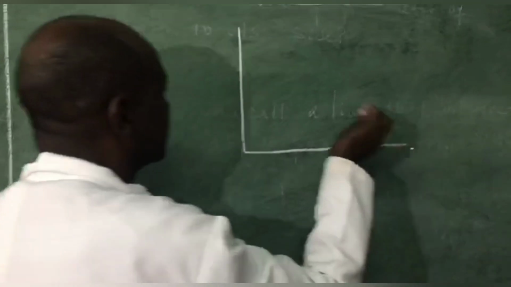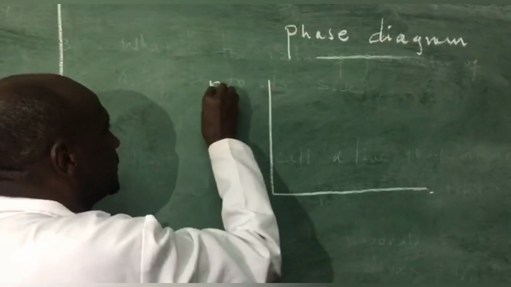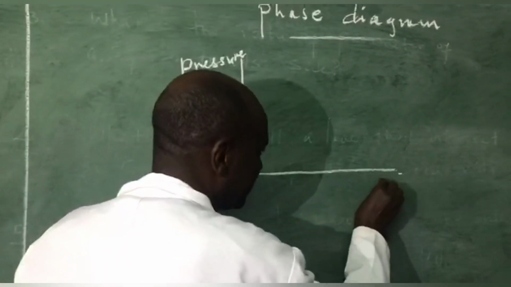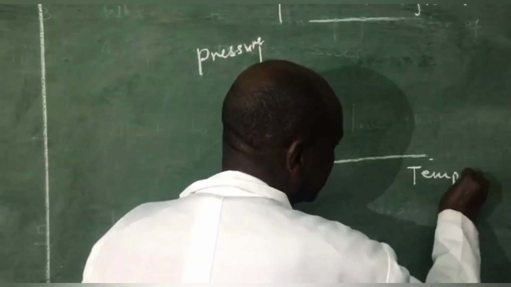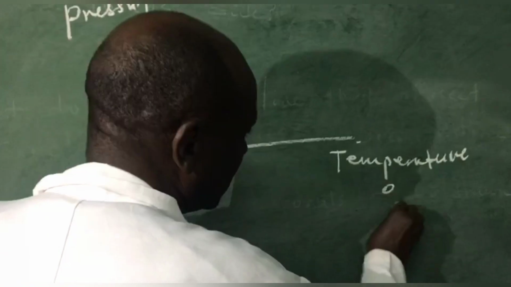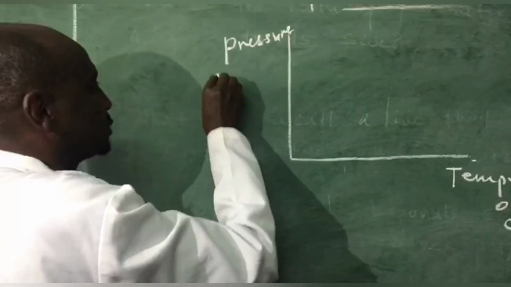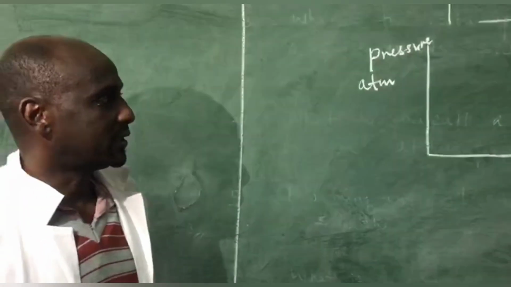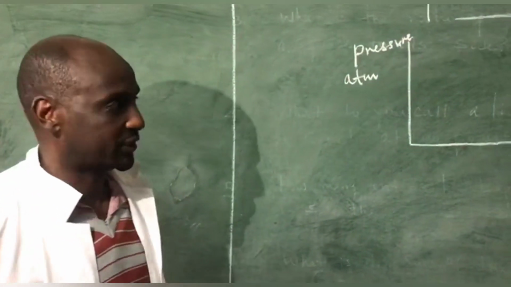this form. We have a pressure versus temperature graph. Temperature is in degrees Celsius, and usually pressure is in atmosphere, ATM. Now, this phase diagram has the following features.